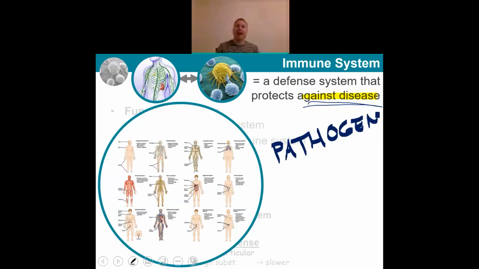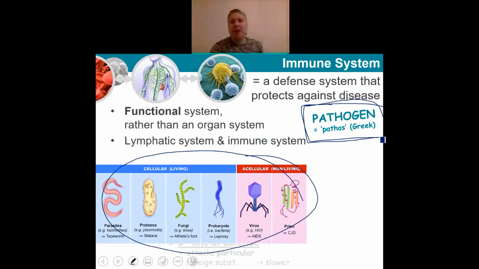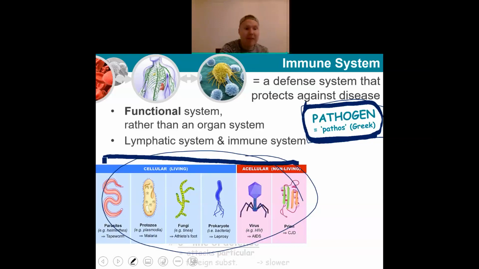So it was the pathogens that we fought against, an invader in the body that shouldn't be there. And pathogen is actually a word that comes from Greek, like a lot of medical terms. It means pathos, something that shouldn't be there, something that's an invader. And there are many different kinds of pathogens. They can be viruses, fungi, bacteria, they can even be parasites.